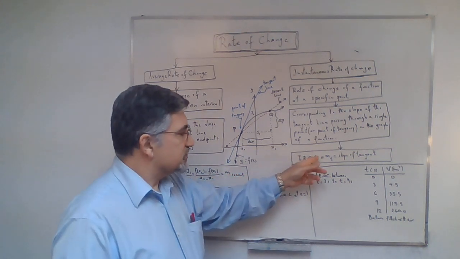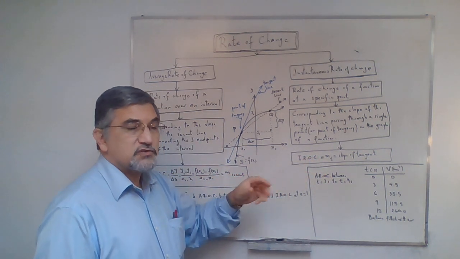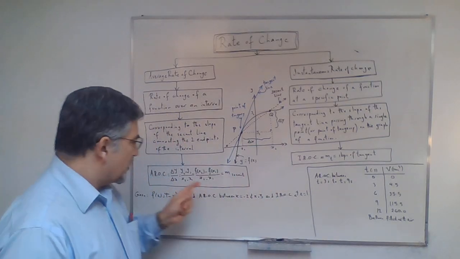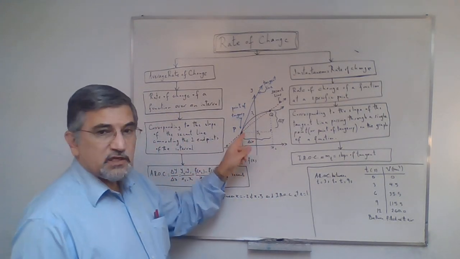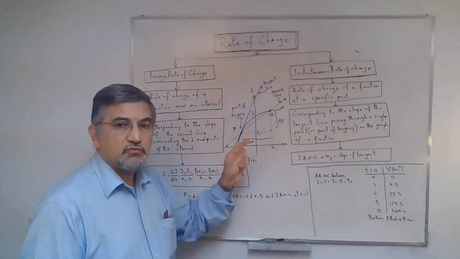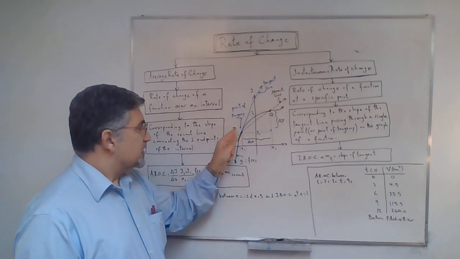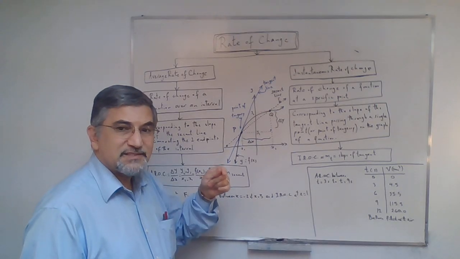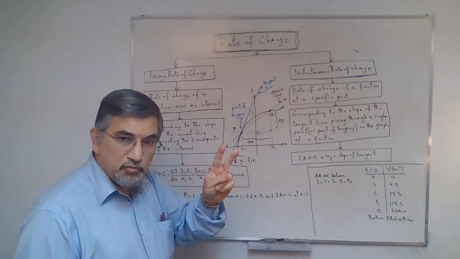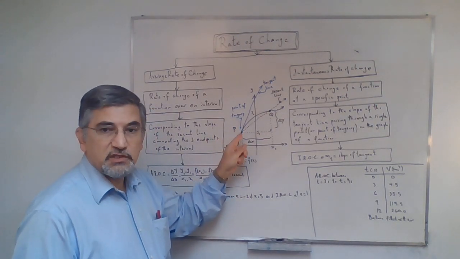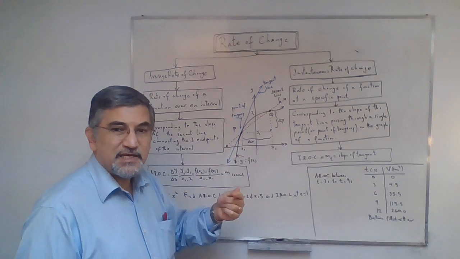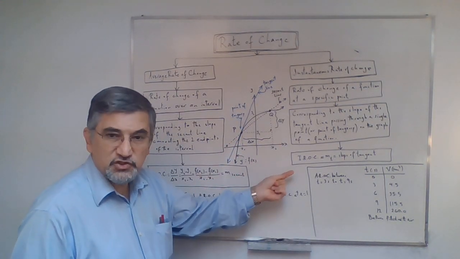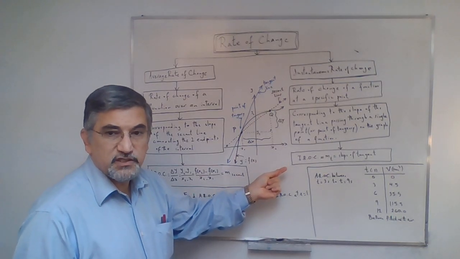But in case of calculating instantaneous rate of change, I should say estimating instantaneous rate of change, what we do, we are selecting 2 points that are very, very close to one another. Then in that case, we are actually finding the slope of that secant line for those 2 points that are extremely close to one another, and we claim that our answer is a good estimation of the slope of tangent. So that's the trick here.